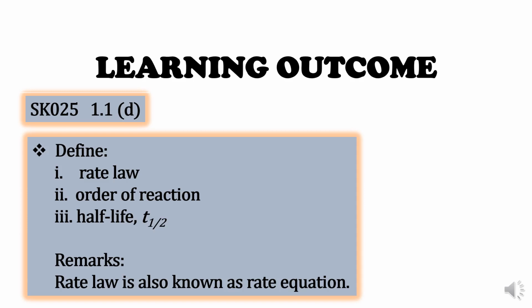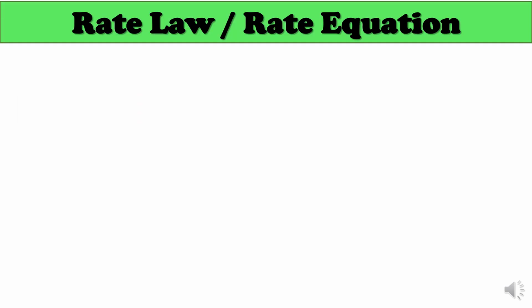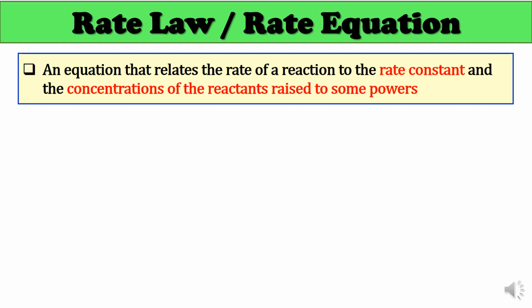The next objective, define rate law, order of reaction, and half-life. Rate law or rate equation is defined as an equation that relates the rate of reaction to the rate constant and the concentration of the reactant raised to some power.